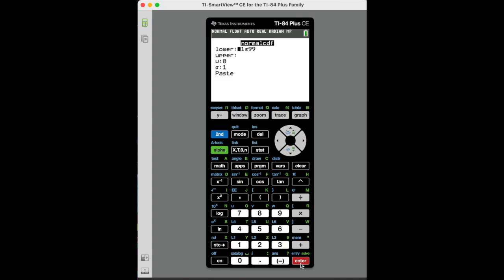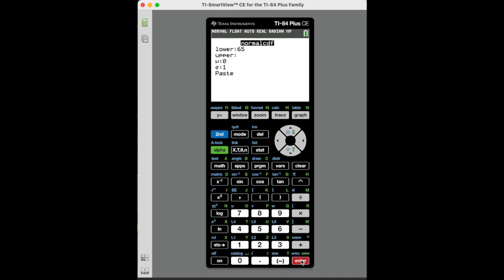Now we want to enter the lower and the upper limit of our interval. Since we want to find the probability of a student earning a score of 65 or higher, we want our lower limit to be 65 and our upper limit to be infinity. We want it to go from 65 and up. So I'm going to put in 65 for our lower limit.